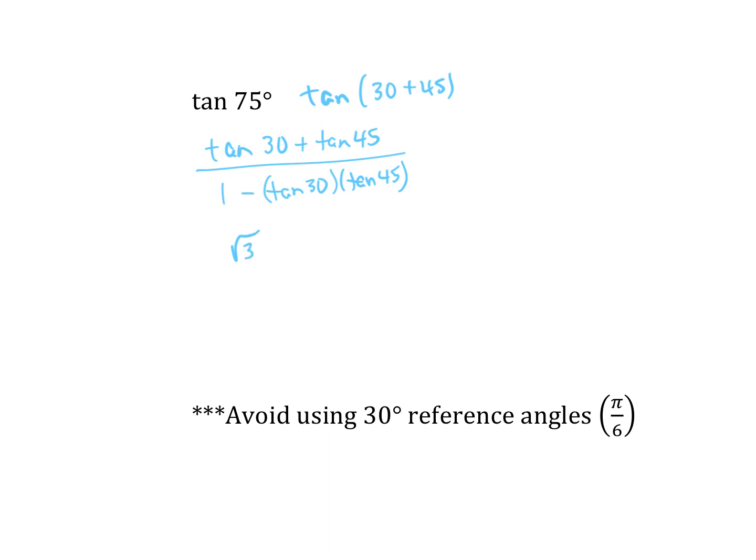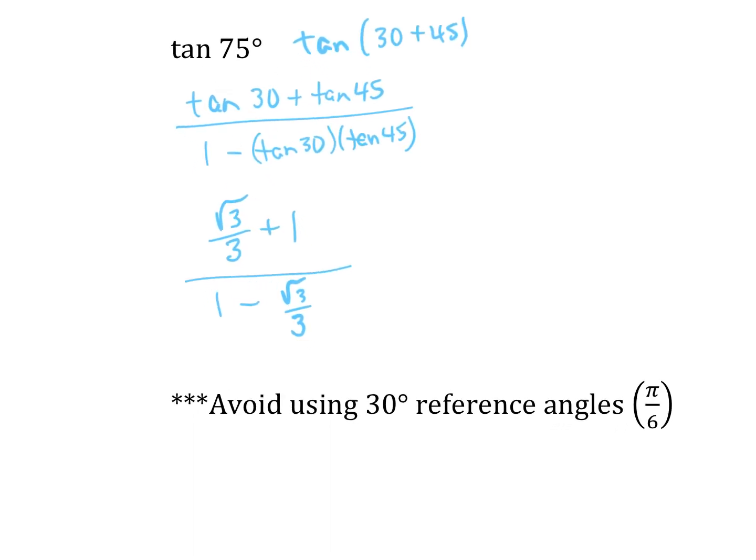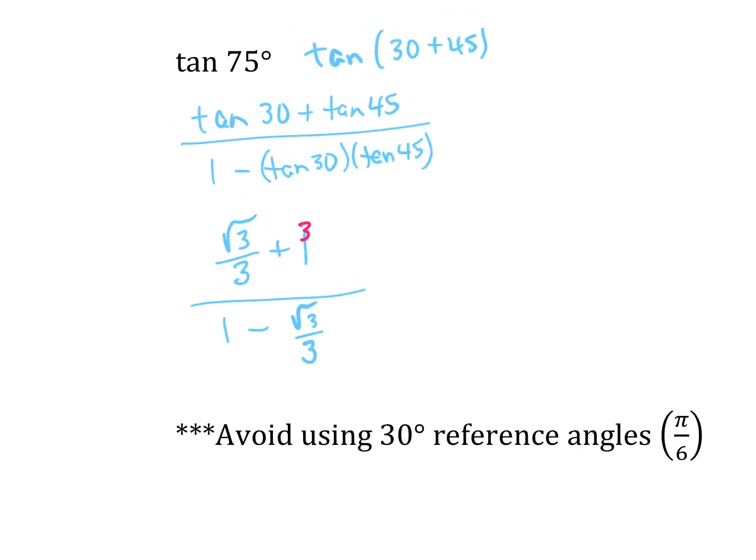So we get the square root of 3 over 3, plus tangent of 45 is 1. And then all over 1 minus, if we multiply the square root of 3 over 3 times 1, we just get the root 3 over 3. Okay? So the issue is that we've got fractions within fractions. We have a complex fraction. So we need to think common denominator and combine this together.